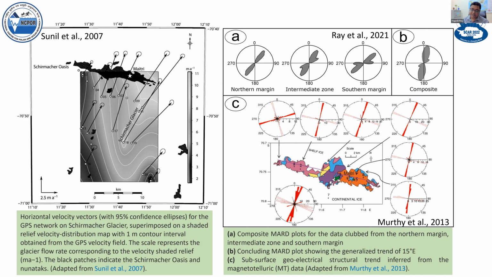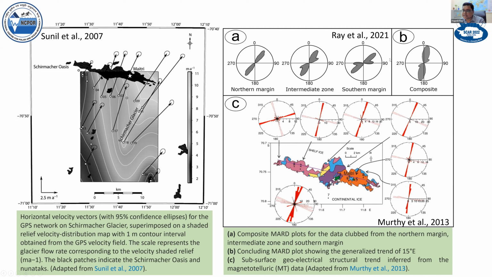Interestingly, the present study, which deals with surficial glacial striations, shows that they are a manifestation of past glacial movements, which have a generalized trend of 15 degrees east, and this correlates with the MT data.